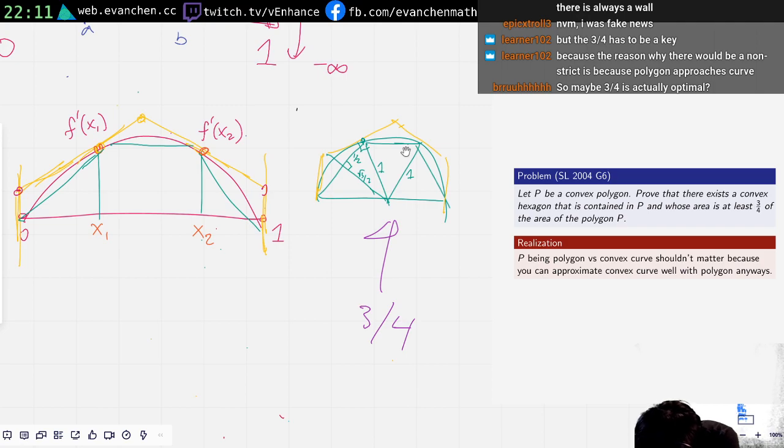What way do I have to pick those 2 points? If it's a circle, we know it's like 1/3 and 2/3.